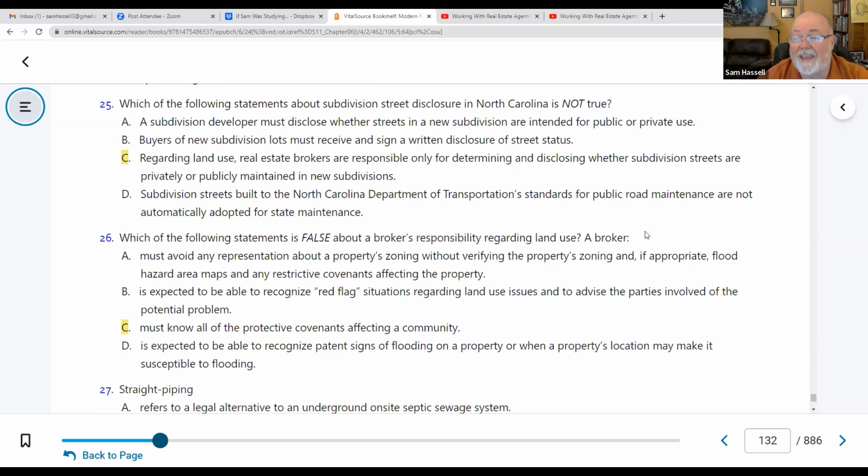They have to accept them. You can try to get the state to take them, but they don't have to. In that case, they are private roads and they're maintained privately. And it is the real estate broker's job to get that information to the purchasers.